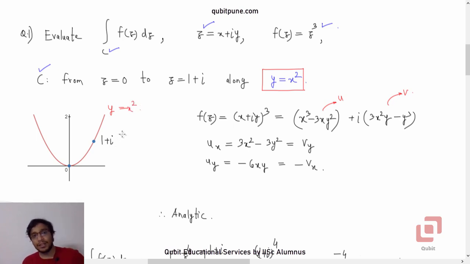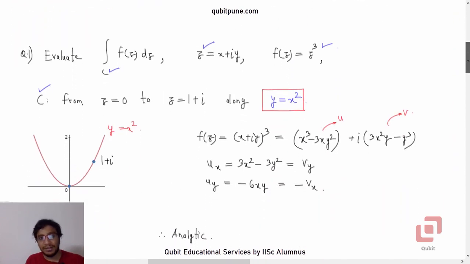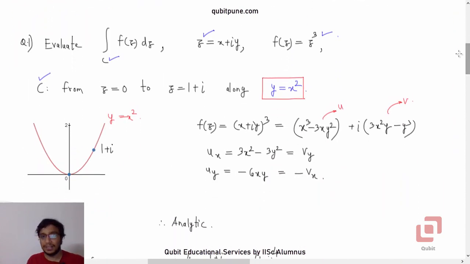Okay, now the first job that we should do is ensure that the function that we have is analytic. We have already seen that any polynomial function is always analytic, but let's just verify the satisfaction of the Cauchy-Riemann equations. For that we will need u and v in terms of x and y. So put z as x plus iy in the definition and use the (a plus b) cube formula.